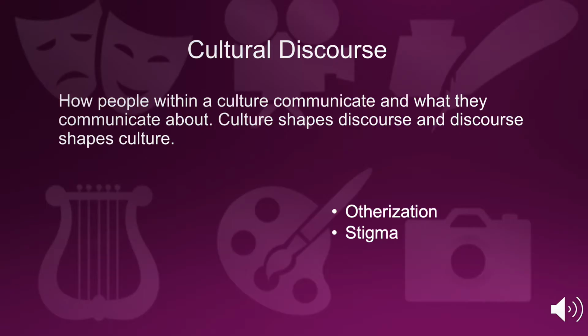The next thing we'll talk about is cultural discourse. Put simply, in our respective cultures, what are we talking about? What are we discussing? Our discourse shapes the culture we're in, and our culture informs what we're talking about, the discourse. Cultural discourse can be good, bad, indifferent.